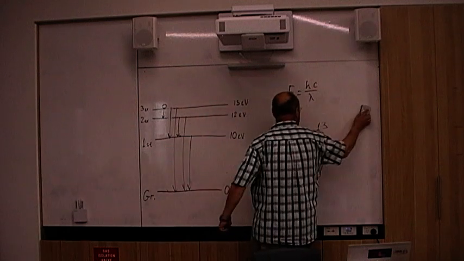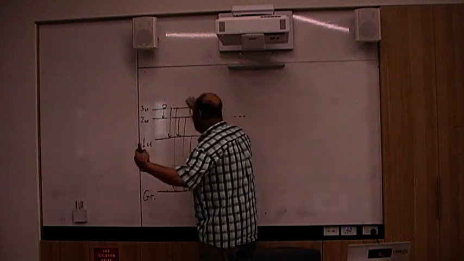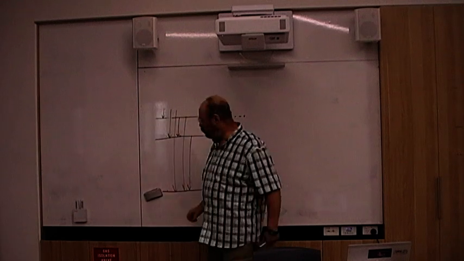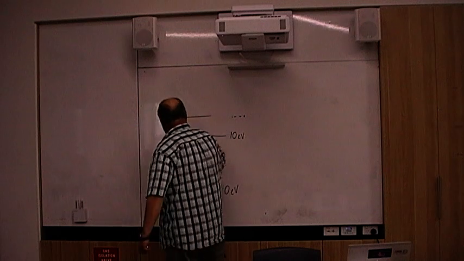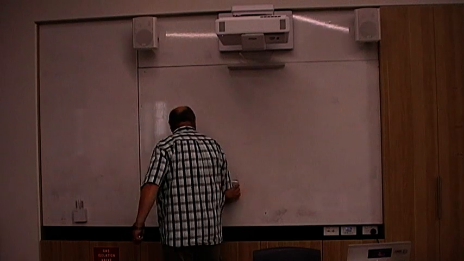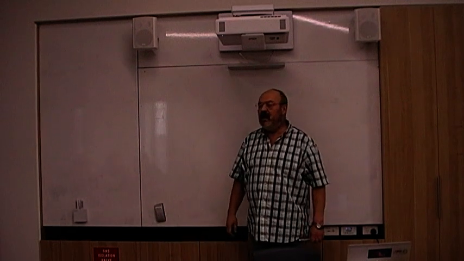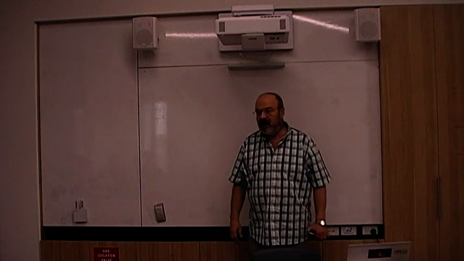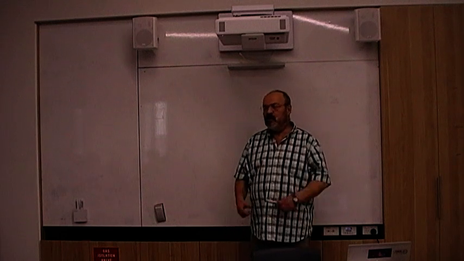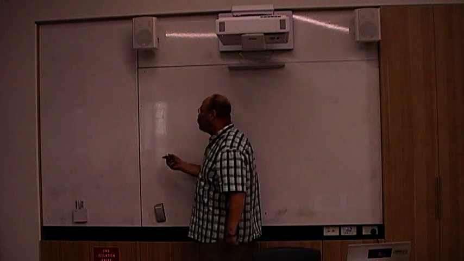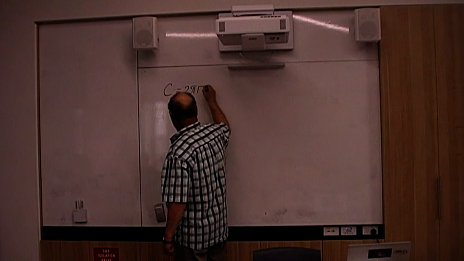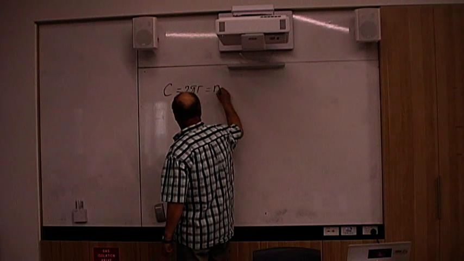If you see the electron not as a particle, not as a small ball moving around the nucleus, but rather as a wave going around the nucleus, only orbits where a standing wave can form will be stable.